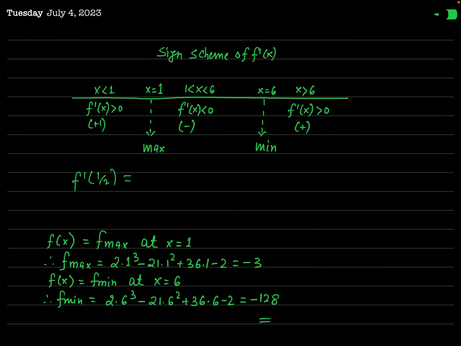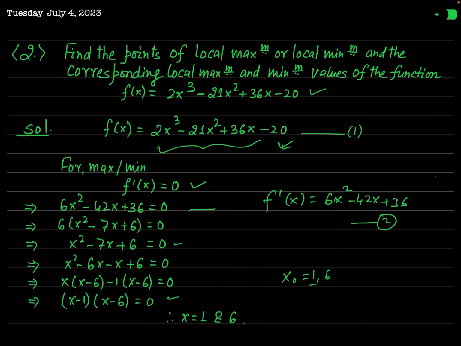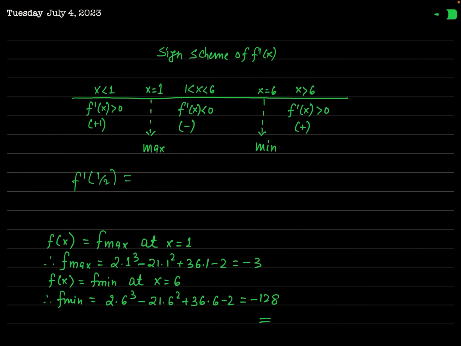Let us say for example f dash 1 by 2 we have to evaluate. I am not evaluating it, but you can check. When you will substitute 1 by 2 at the place of x in this equation 2, you will definitely see that this will be positive. It means greater than 0.